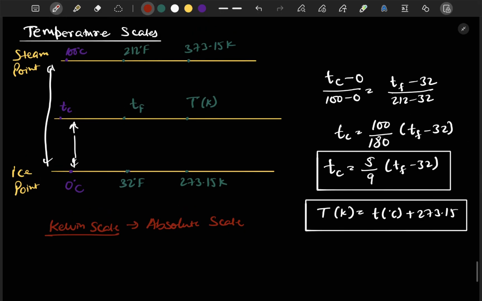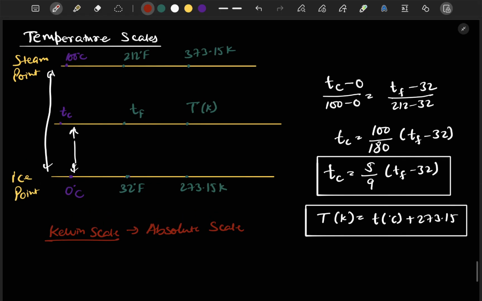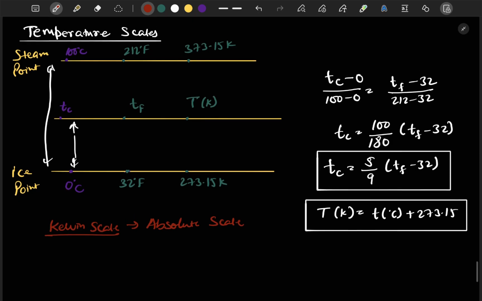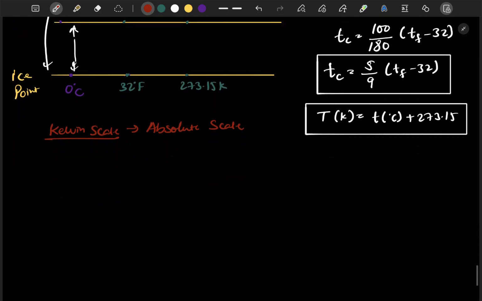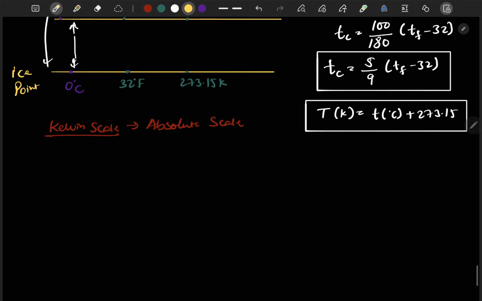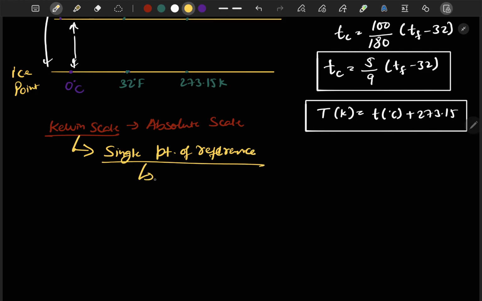As we discussed, the Celsius scale and Fahrenheit scale are defined with reference to two points, the steam point and ice point. But the Kelvin scale can be derived or written with a single point of reference. And what is that single point of reference? The triple point of water.